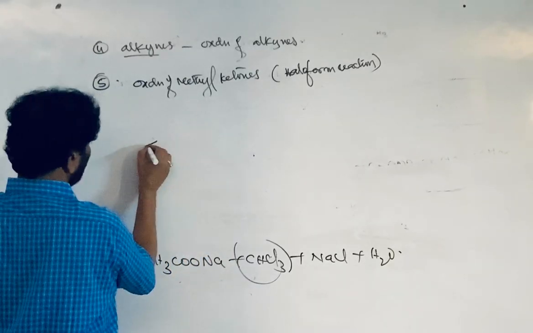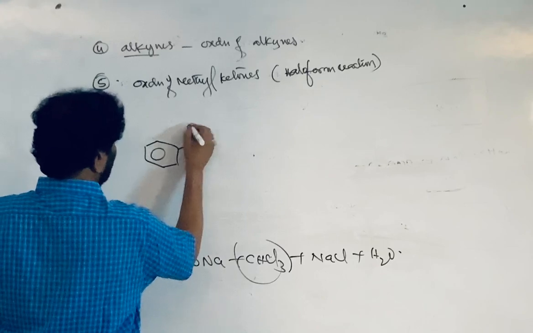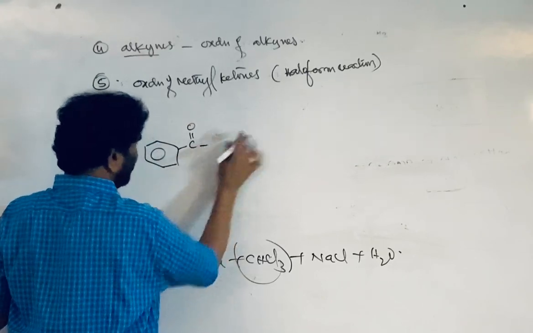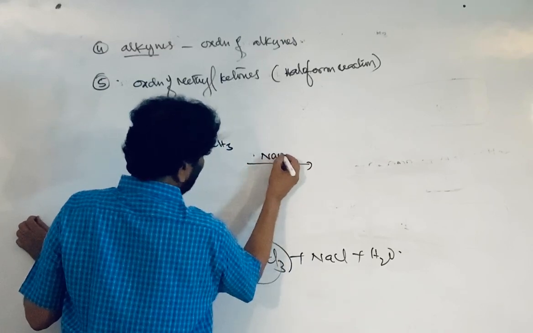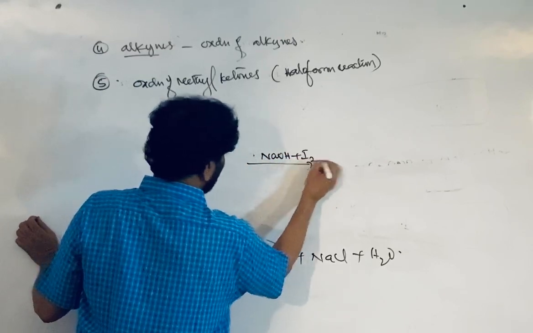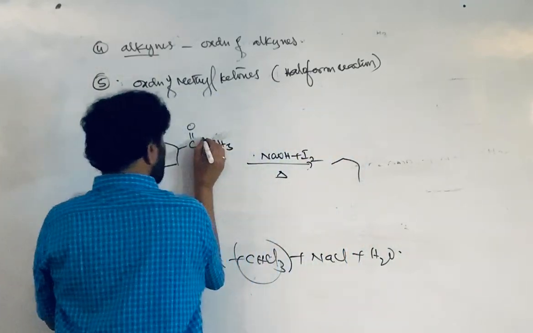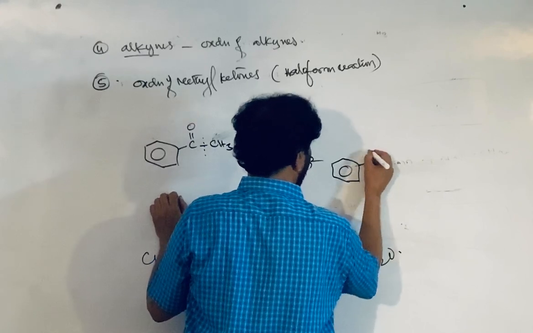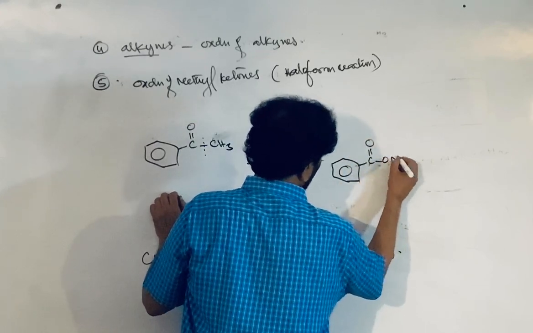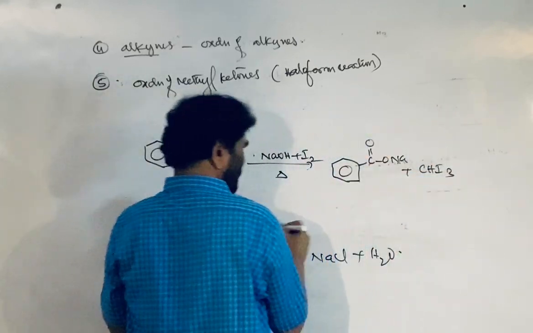Now you take acetophenone. It's a methyl ketone. Treat it with iodine in the presence of sodium hydroxide, with slight warming. So this bond breaks, giving sodium benzoate plus iodoform; the byproducts are the same.